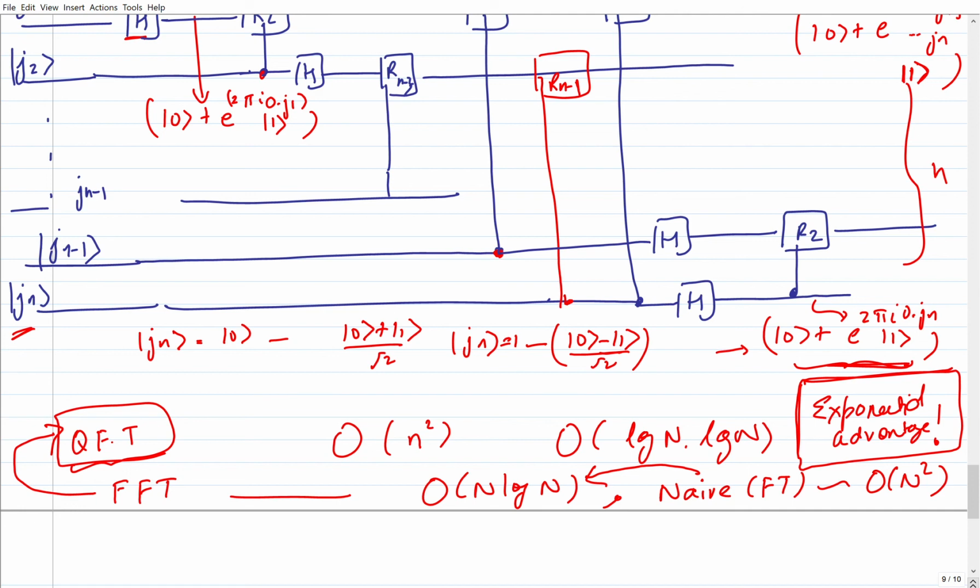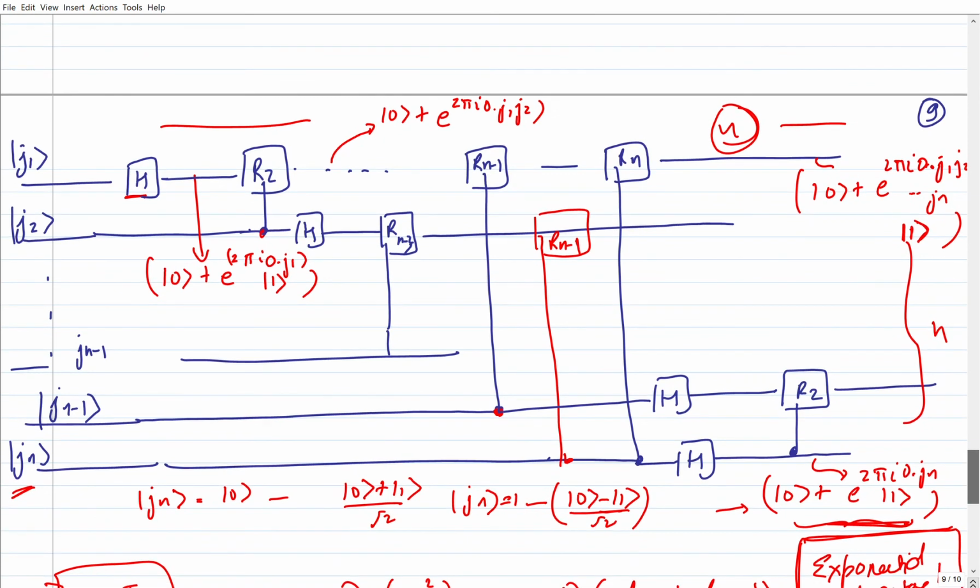something fantastic, something terrific. And of course, the jury is still out on how all we can exploit the quantum Fourier transform and harness quantum information processing or quantum mechanics for devising new algorithms. But I'll tell you, please don't underestimate it.